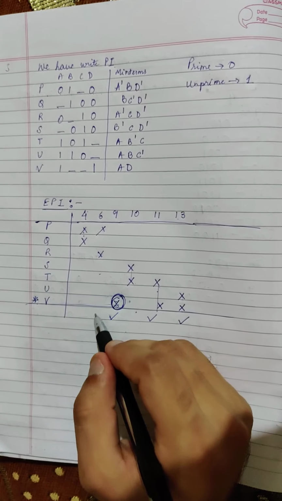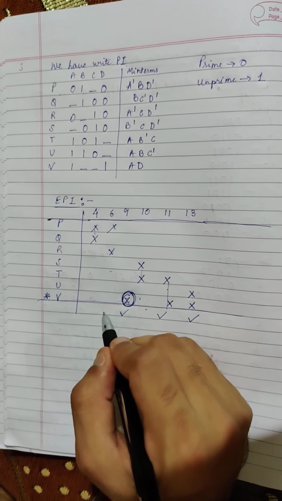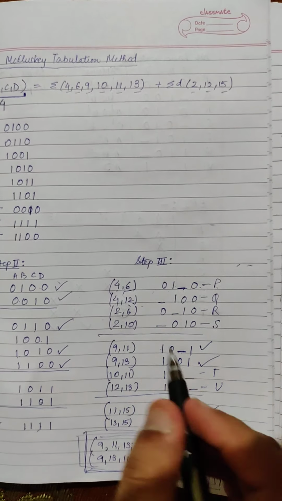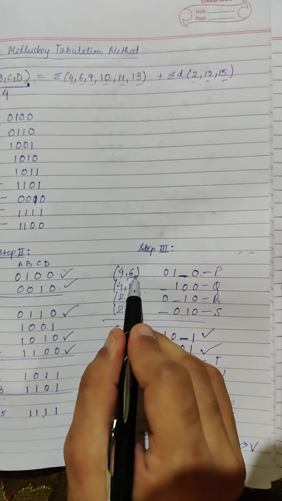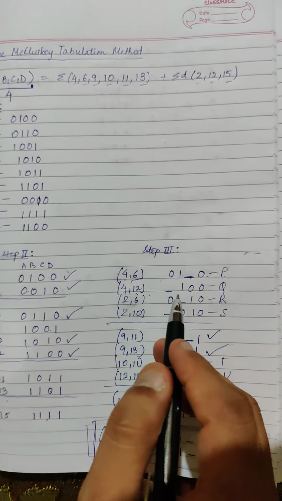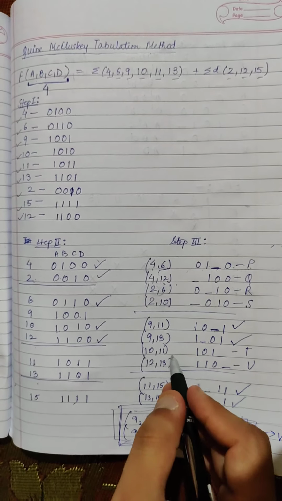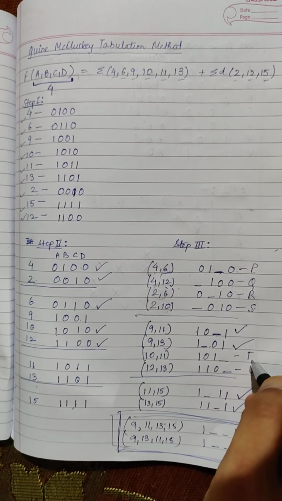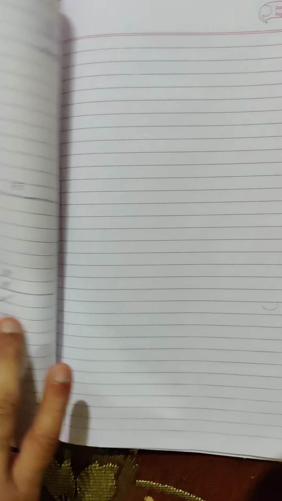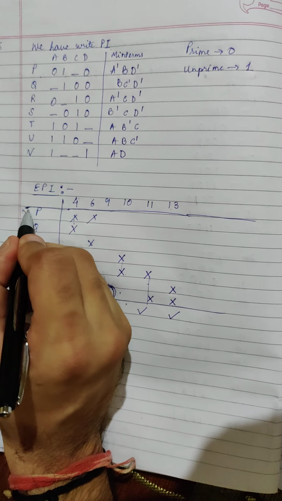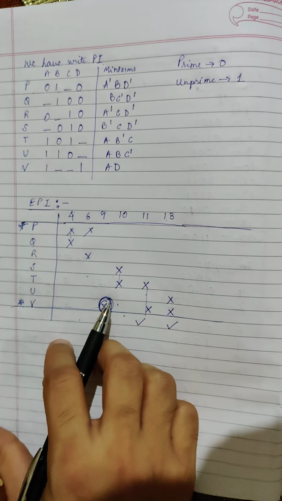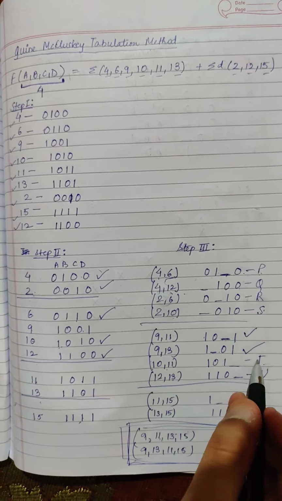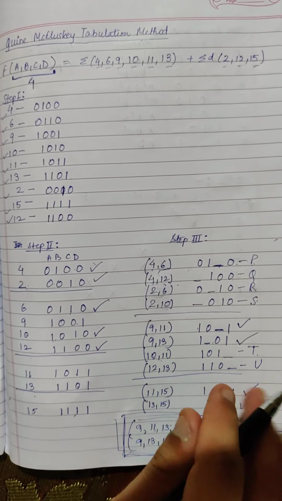So we need to choose the prime implicants which have combination of 4, 6 and 10. So if we look at P, Q, R, S, T, U and V, P is made up of 4 and 6, and 10 is there at S and T, and so we consider P as one of the essential prime implicants. So we make a star mark here. So 10 alone is there, so you have to make a star mark at T also, because there is 10 here and 10 is our unticked column.